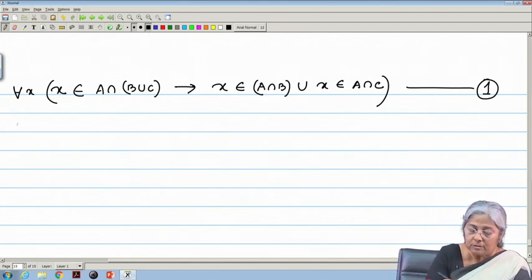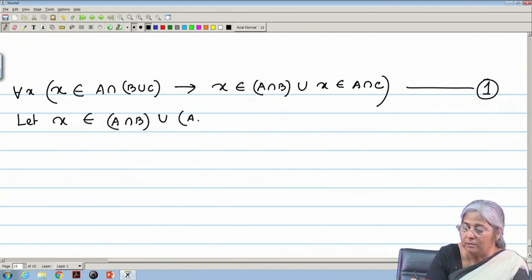Now, let x belong to (A intersection B) union (A intersection C).